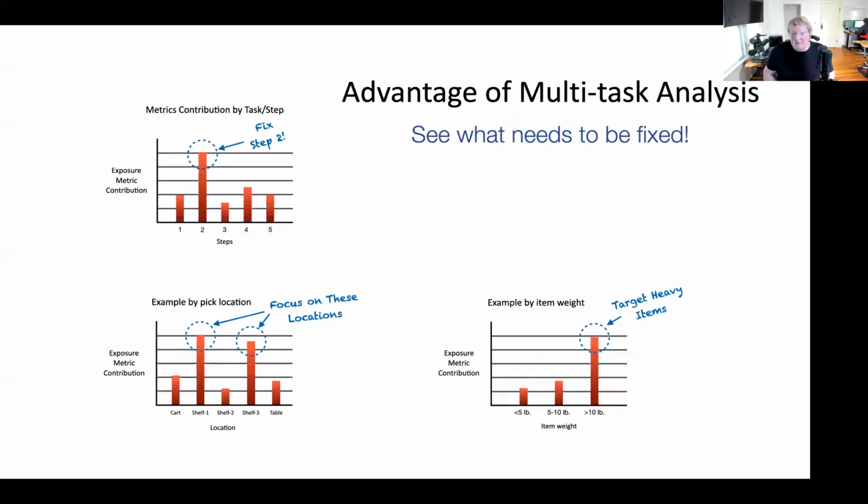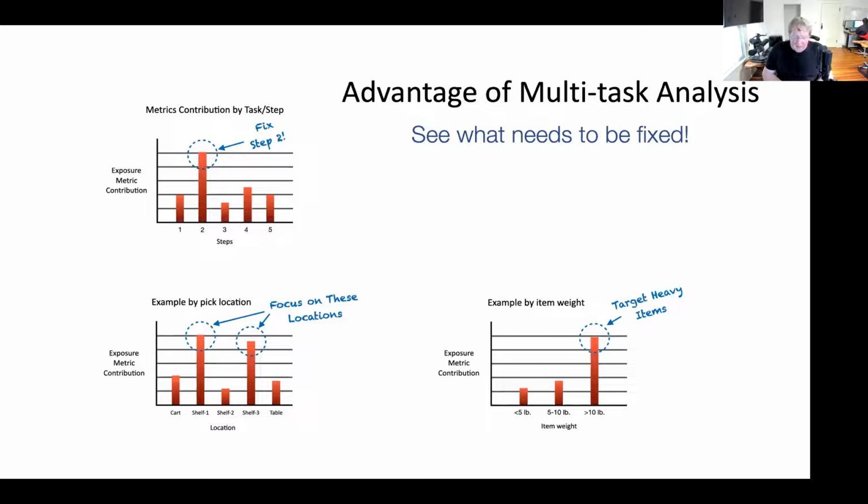If we had items of varying weight, we could do calculations and a weight distribution. Here we see items that are more than 10 pounds have a much more significant contribution to the metric than items less than 5 pounds. So we focus on the heavier items and some of the more challenging locations.